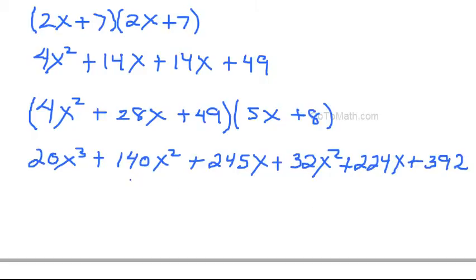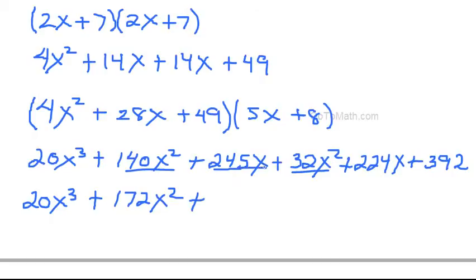Okay, so there you go. Now let's collect all our like terms up. We've only got one with the x cubed here, so we'll write that. Plus, and now we have an x squared here, an x squared here, so we'll go ahead and add their coefficients. So that should be 172x squared. Okay, and what's going to be the next one?